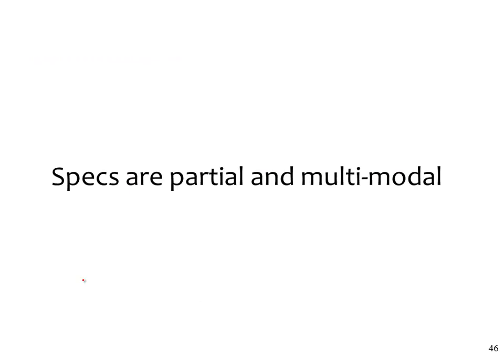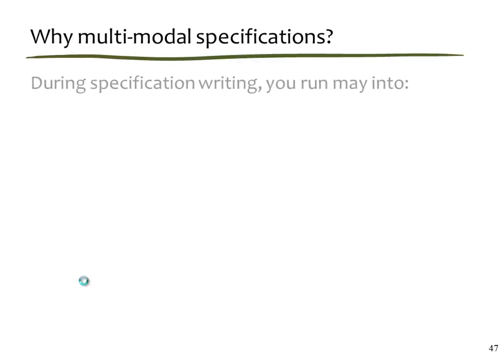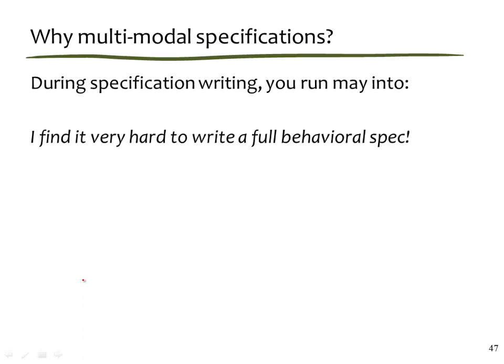Okay? So one motivation for doing this sort of style of synthesis with constraints in concrete semantics was that you have a lot of freedom now to use whatever specs you find natural. Why is that interesting? Because when writing specifications in synthesis, or maybe in general, you often run into problems like this. You say, I find it really hard to write a full behavioral spec. There are just too many corner cases.